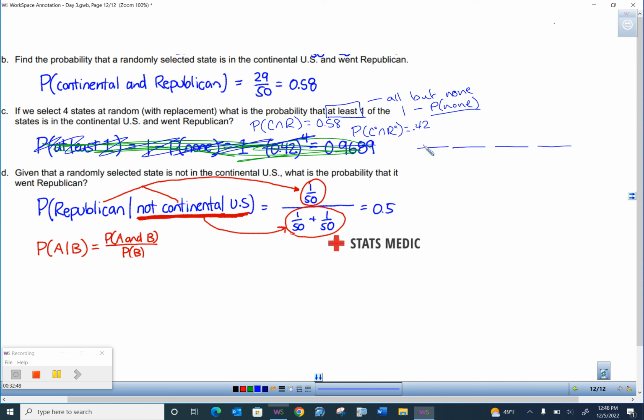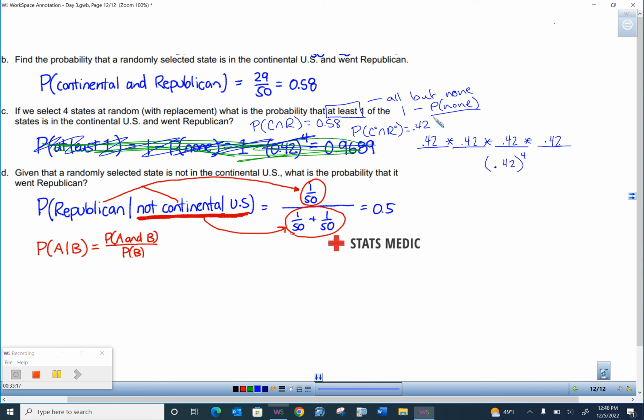So we want the first one to be not Republican and continental, and we want the second one to be not Republican and continental, and we want the next one to be that same thing all the way through. And since this is happening 4 times, the easiest way to do this is take my probability and just raise it to the 4th power.